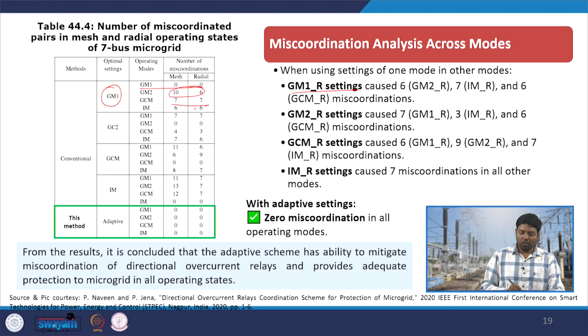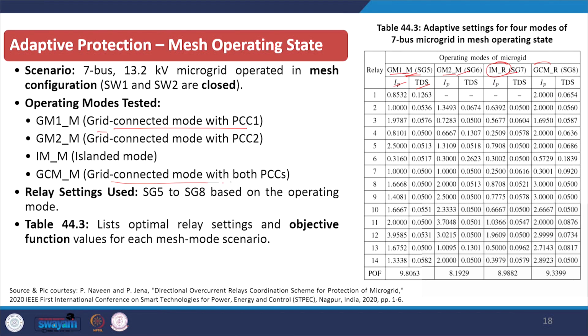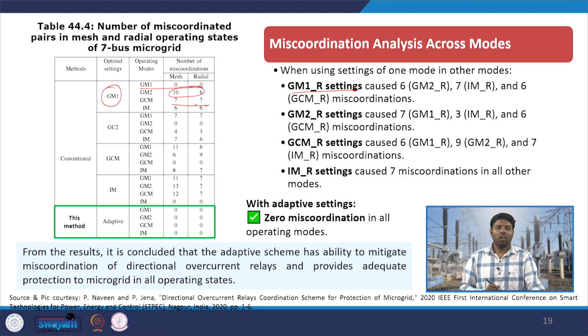Similarly, for GCM, that means when it is a grid connected mode with both the PCCs, you have 7 miscoordinations. If it is islanded mode, then you have 6 miscoordinations. So, you always have miscoordination with the different settings.